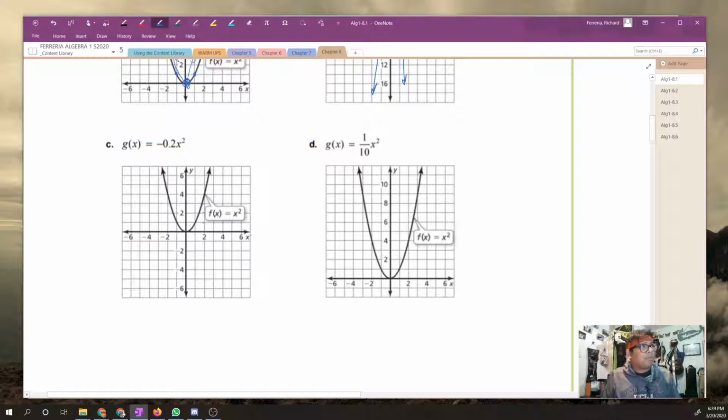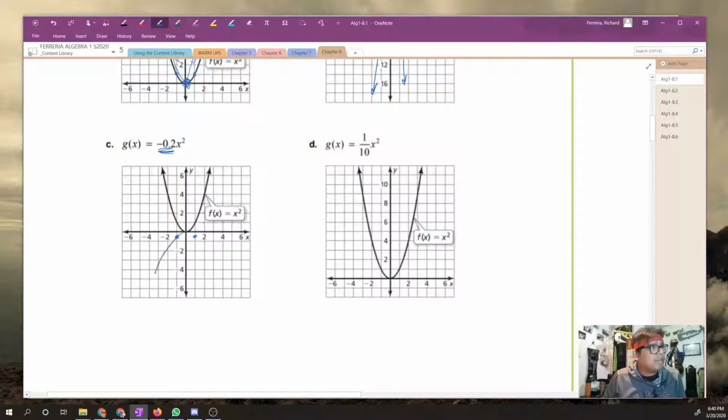So for number C, that shouldn't be a surprise for us then. If we figured out the pattern, that's a negative 0.2, so I should have a lattice point at 1 and negative 0.2, which is probably right about here. And then negative 1, negative 0.2.